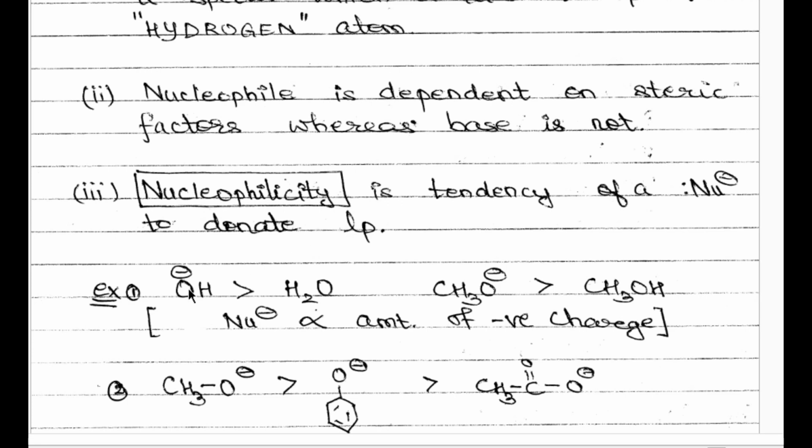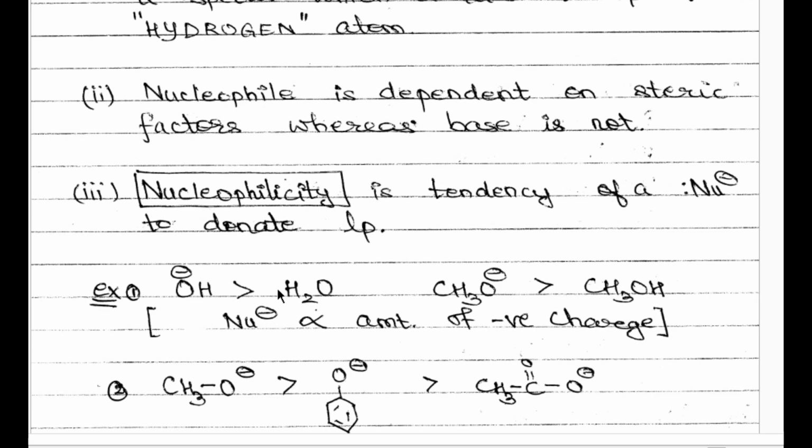First example, OH- versus H2O. If you look at OH-, it is the conjugate base of the neutral water molecule, and water being a weaker acid, its conjugate base is very strong. So when a negatively charged conjugate base is compared with its acid, the base is always stronger if the acid is weaker.